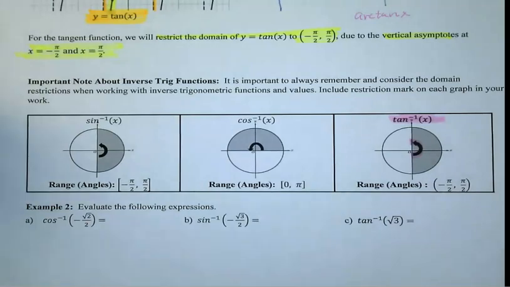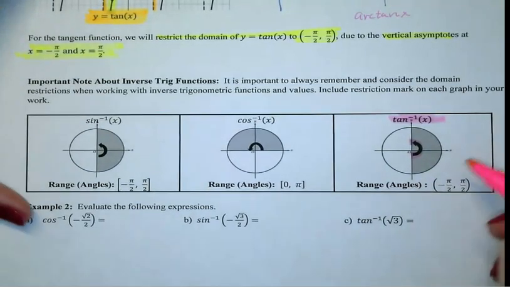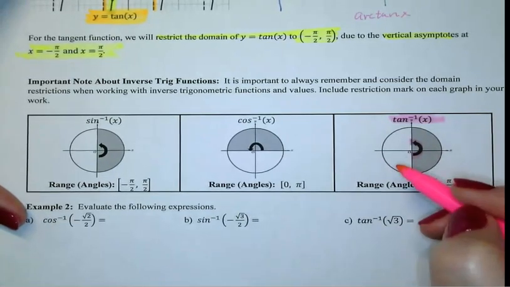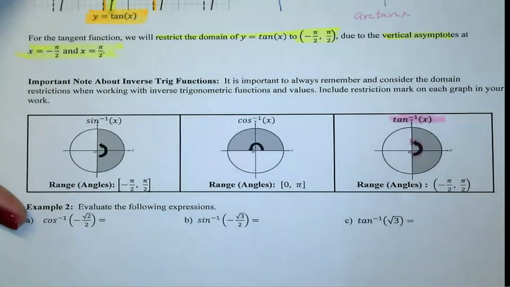So anytime you are doing a problem or you are solving or evaluating like we're getting ready to do, you're going to draw a little picture, you're going to draw a line where the angle is, and you're going to have a restriction mark on your paper. And all of that is in the same graph. I do not want to see a set of axes that has a restriction mark and then a set of axes that has an angle. That's not the point of the restriction mark.